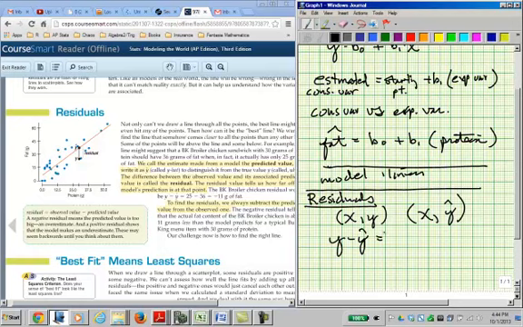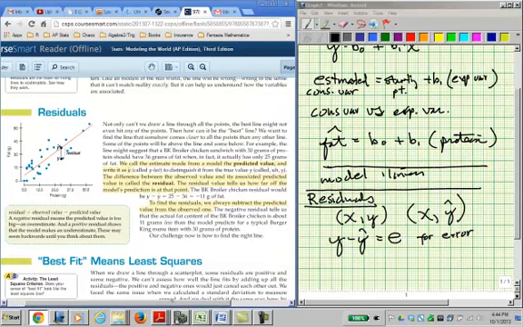We'll symbolize the residual. We've already used up R. R stands for correlation. So the residual is known as E, E for error, because models are useful but they're always slightly wrong. Sometimes they're wrong by a lot, but they can still be useful. You just have to remember that your predicted values are always going to be slightly off.